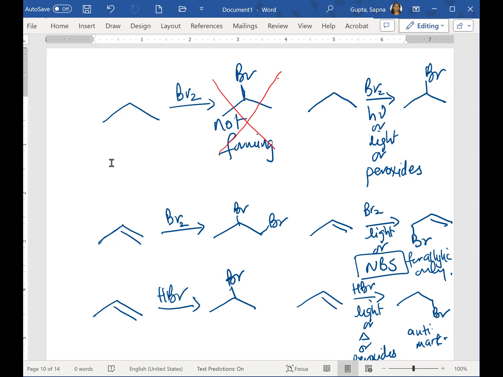Okay, any other question? All right. The chlorination is pretty much not specific at all. So if you see chlorination anywhere, you will get multiple products. There is no major, there is no minor, so you will have multiple isomers in that one.